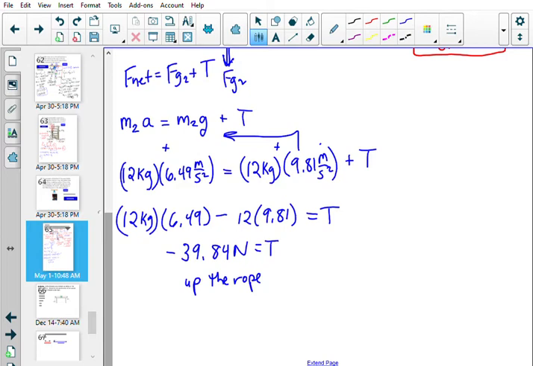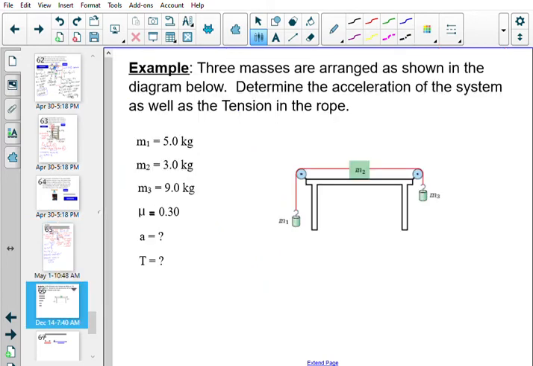Okay, so complicated question. How can we make this even more fun? Well, the way we could make this a touch more fun is by adding a third mass. I can almost hear you groaning as you see this question. So now we have three masses in play, M1, M2, and M3.